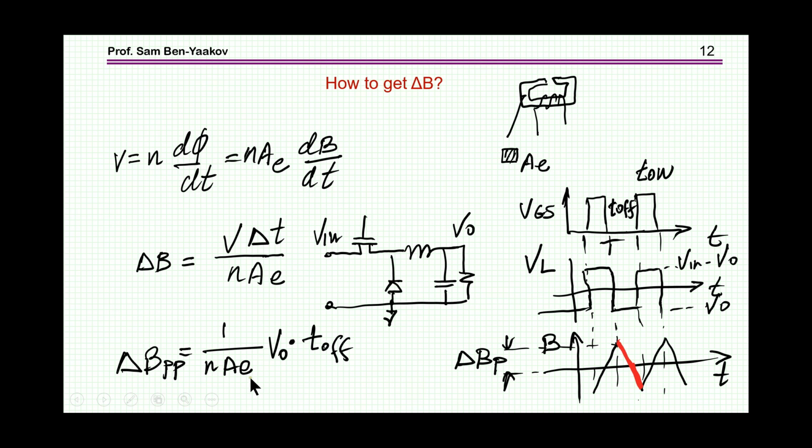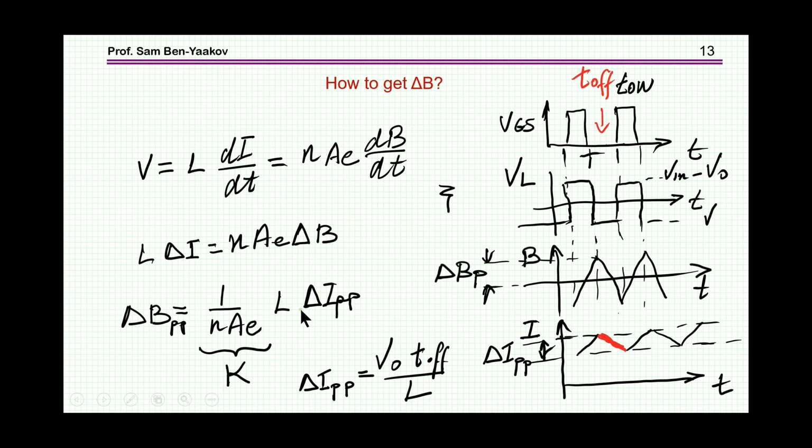Unlike this case where you have no inductance, only V_out and T_off, here you have L. These two are exactly the same. This is actually the same relationship. You're just moving around the parameters with some algebra, and so therefore you can use this equation, and some vendors call this K. We'll see it in a minute, and from this you can calculate delta B, then go to the curve and see what is the power loss. In this case, this is this curve here during T_off, this delta I here.